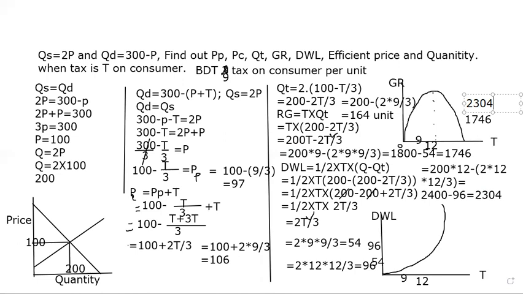This scenario will continue for the function, and whenever you increase tax for the government, that will reduce. For example, if your price is 100, you impose tax 300 taka, that will result in no government revenue, nothing you can incur.